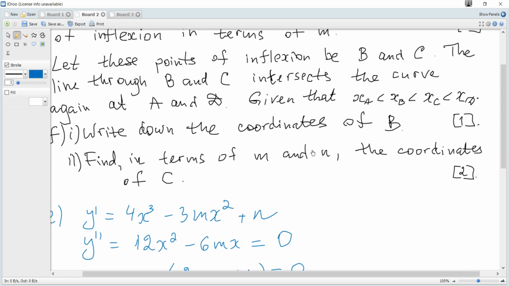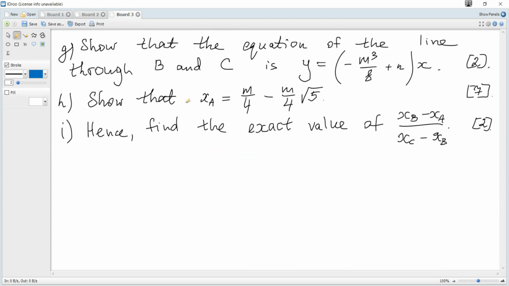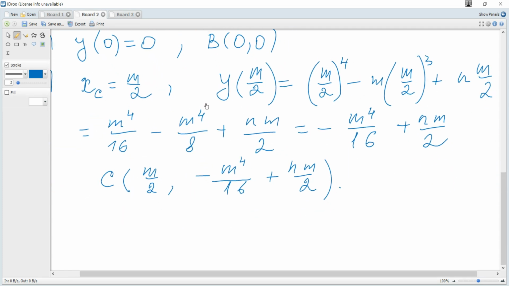Find in terms of n coordinates of C. Found. Next, show that the equation of the line through B and C is, and absolutely similarly, we have 2 points.